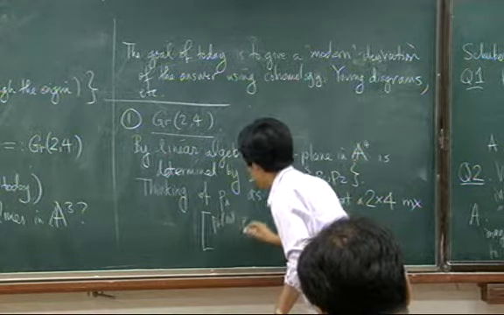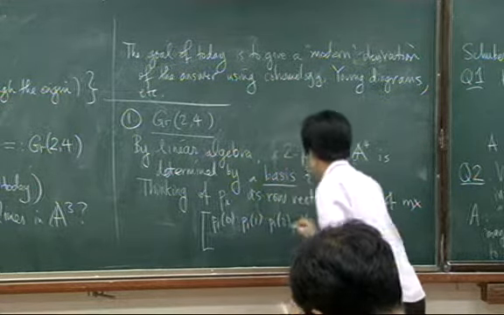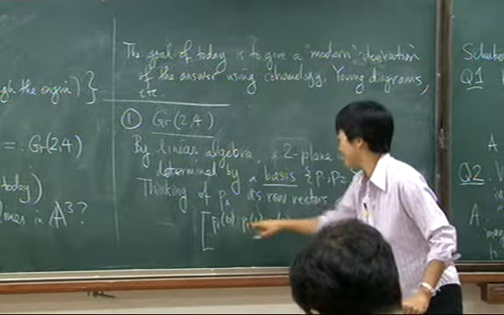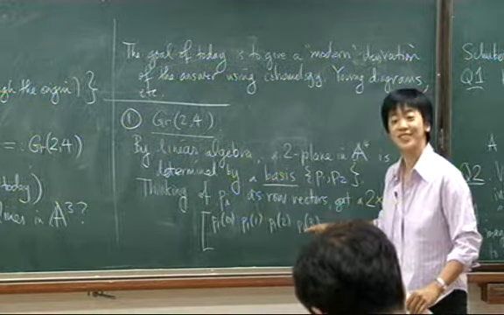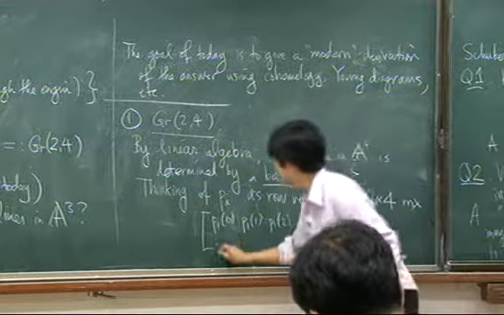Let's write it out: p10, p11, p12, p13. I'm just labeling the coordinates x0, x1, x2, x3. So this is the 0th coordinate, 1st coordinate, 2nd coordinate, etc. And then of course the second one.